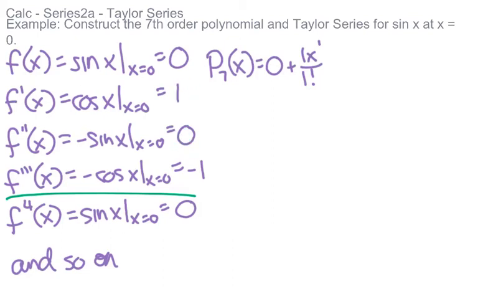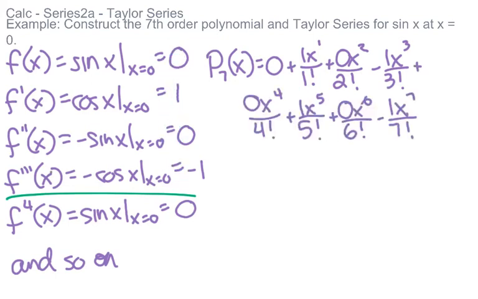The next one has a 0 coefficient, but I'm going to write it anyways. So it's 0x squared over 2 factorial. And then I'll use this negative 1. What I have right here are the first 4 terms of that 7th order polynomial based on these first 4 coefficients. Now I'll do 3 more.